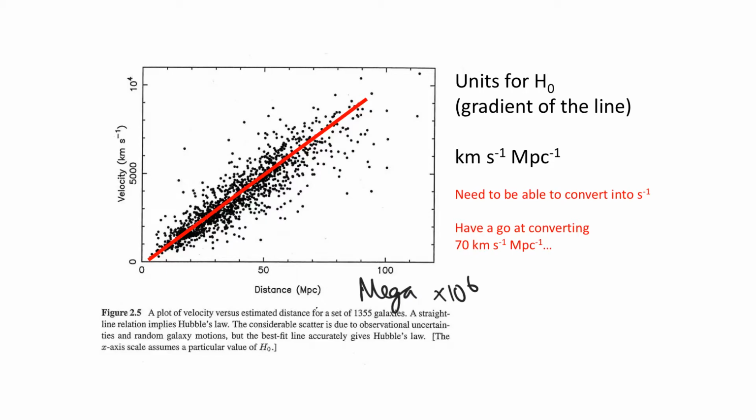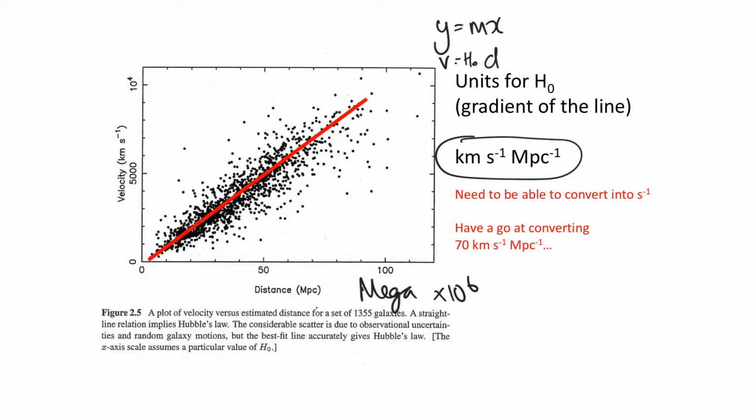Using maths, we know that y equals mx plus c. On the y-axis we've got velocity, on the x-axis we've got distance, so our gradient is h naught, the Hubble constant. The units for h naught are just the gradient of the line: kilometres per second per megaparsec.